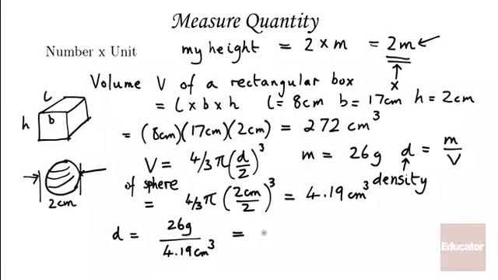If we simply do the arithmetic on that, we get 6.21 grams per centimeter cubed. And this was really the whole object of this calculation, to stress that when I arrive at a density, I have to have a mass unit divided by a volume unit for it to make any sense at all. A density is mass over volume. The units of a density must also be mass over volume.